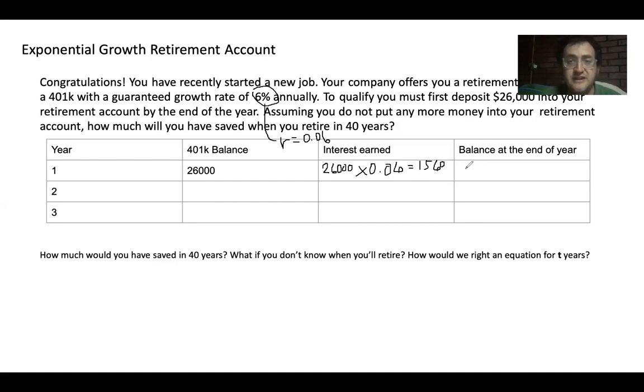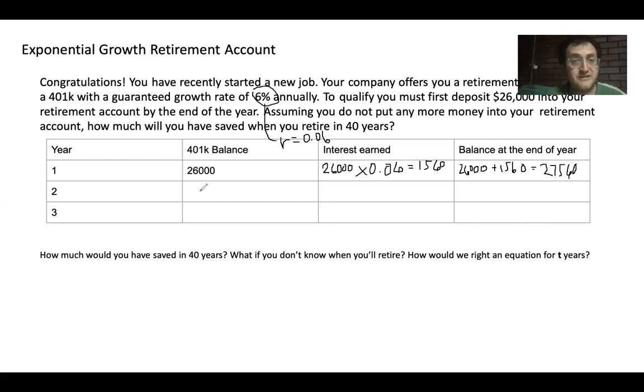Then we add the 26,000 and the 1,560, and we're at 27,560. So essentially just having your money sit there, you're earning over $1,000 even with a $26,000 balance. Now, by the time you retire, ideally you should be reaching somewhere into seven figures if you are playing it right.